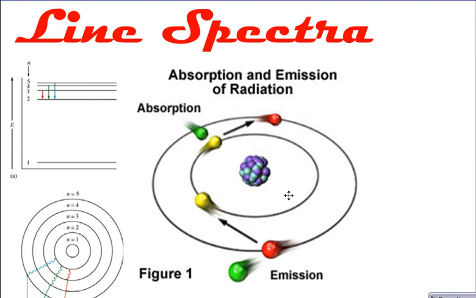This excites them, and it causes them to jump up an energy level. So they absorb energy, and they jump up an energy level. When they fall back down, they release that absorbed energy in the form of light. And when we did the flame test in baby chem, you saw that different metals produced a different color flame.